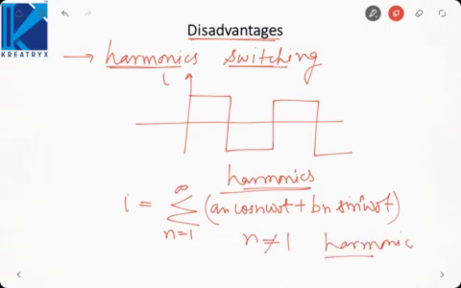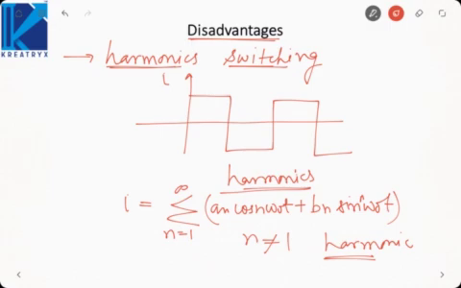The only desirable term is the fundamental. So due to switching operation, most of the waveforms in power electronic converters are non-sinusoidal but yet periodic, and hence they will have harmonic content. If we were converting using machines, there would be no harmonics induced in the system. So that is the biggest disadvantage.